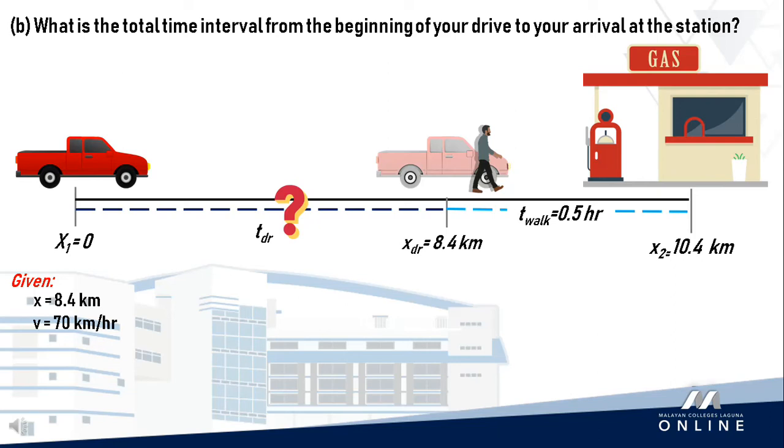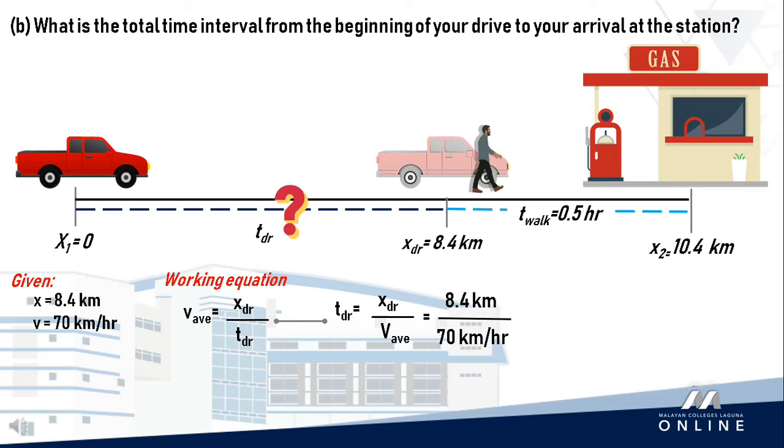From our equation, average velocity is equal to change in x over change in time, which we will both assign dr to remind us that this is for driving. We can rearrange it as delta t is equal to delta x over average velocity. We substitute the values and perform the operations.